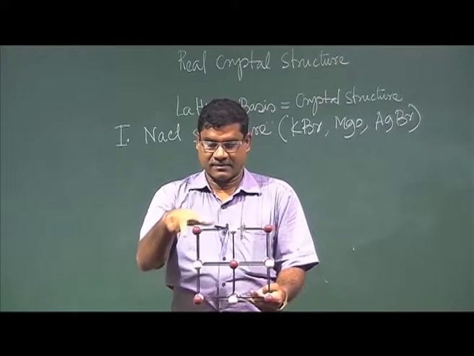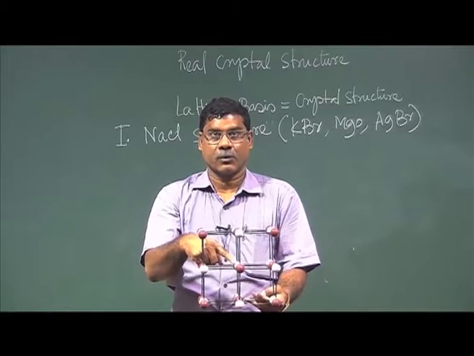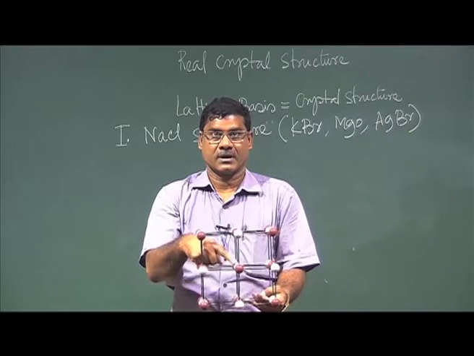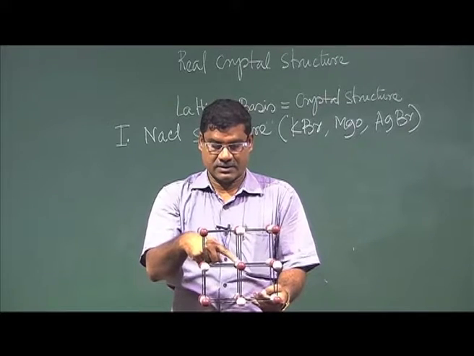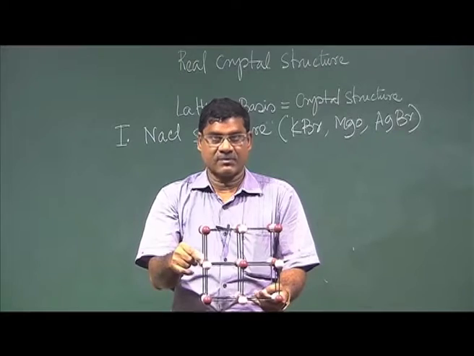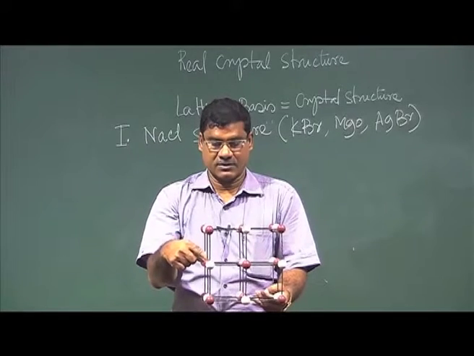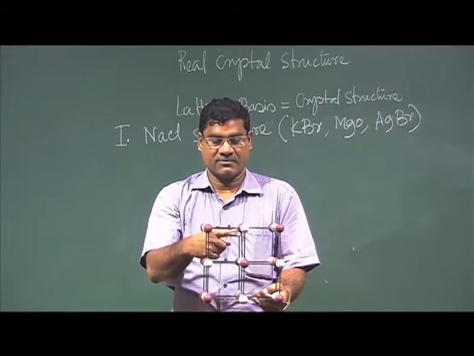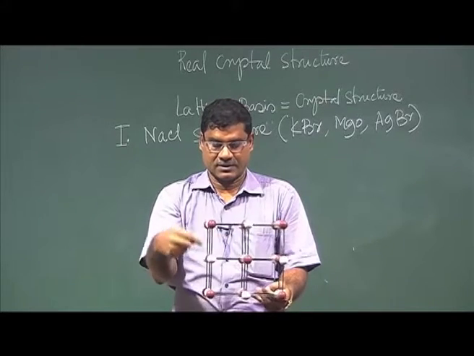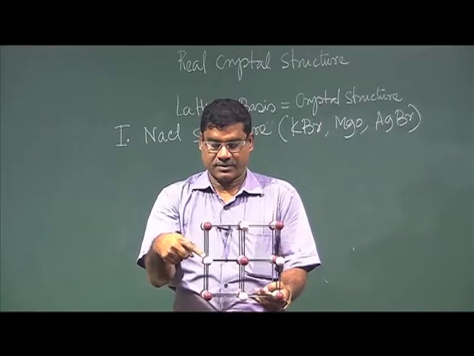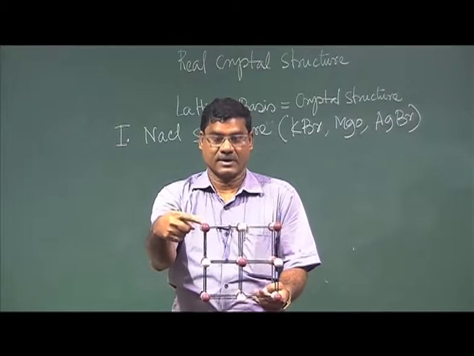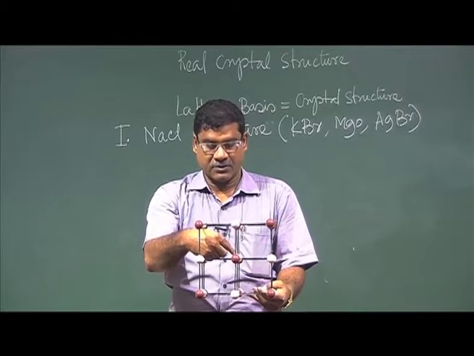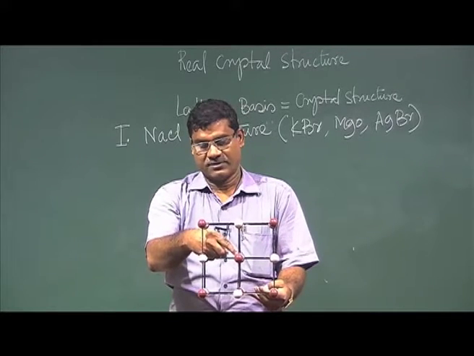And you can see there are 4 chlorine also attached with each sodium. The coordinates of this one will be half, 0, 0, this one 0, 0, half, this one half, half, half, and the other one will be 0, half, 0.